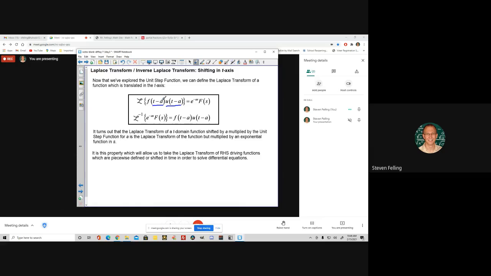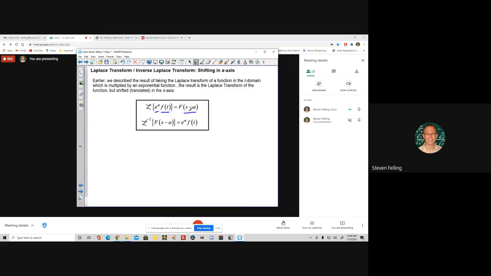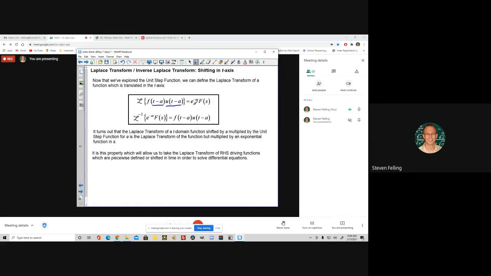One thing to keep in mind here is that this is minus a here, but the exponential is positive when we're shifting when the exponential is multiplied in the t. When it's multiplied in the s, it's negative, right? But other than that, multiplying by e to the negative as in the s domain is equivalent to shifting in the time domain, but also multiplying by unit step function.